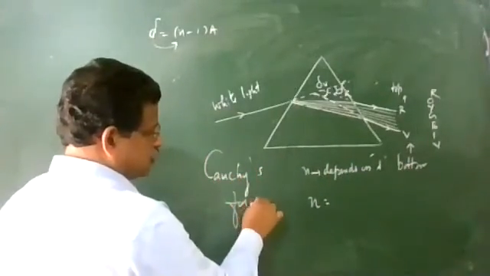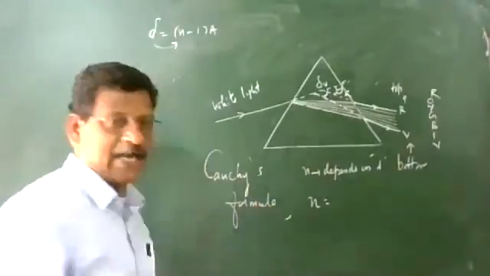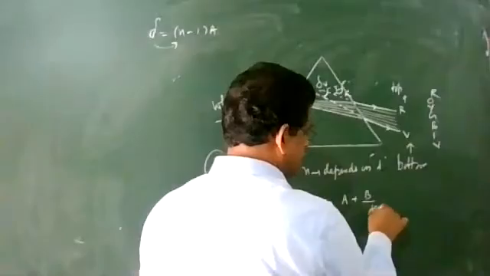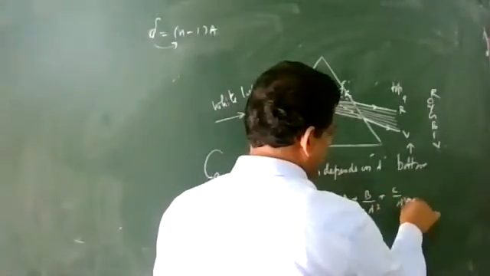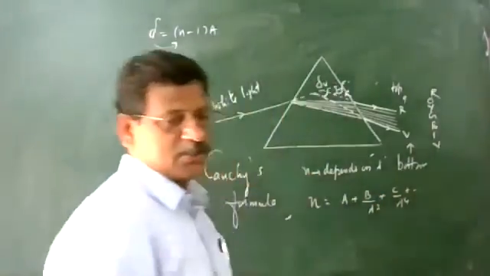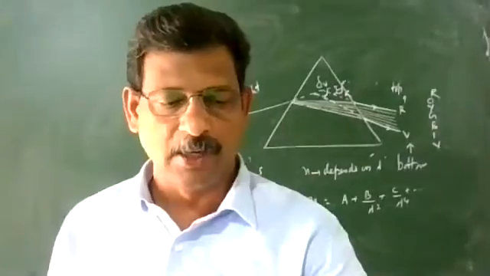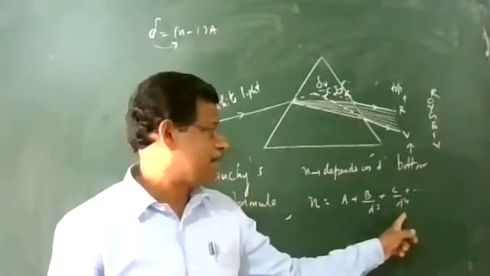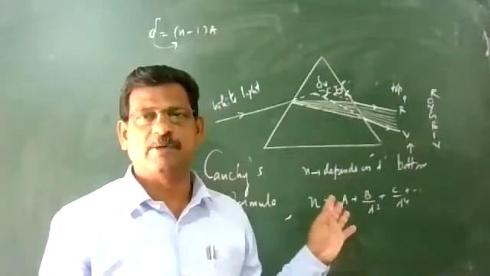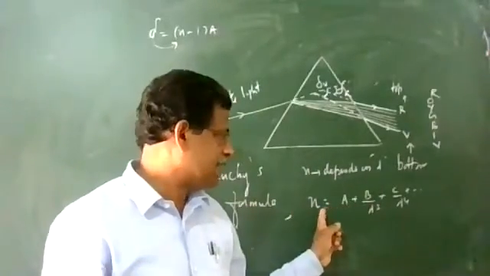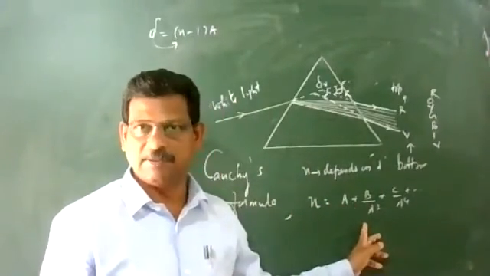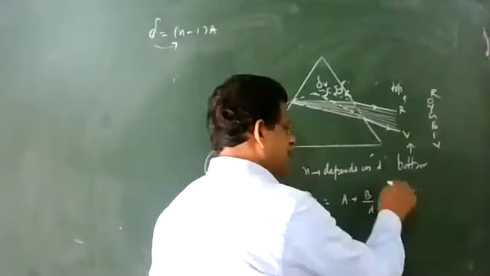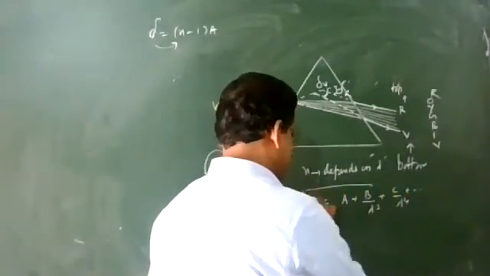Cauchy's formula is n equals a plus b by lambda square plus c by lambda to the power 4, and so on. This is the equation given by him. For numericals, we neglect the other terms. There is a numerical in NCERT using n equals a plus b by lambda square.